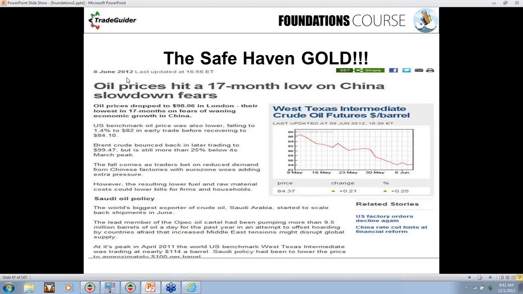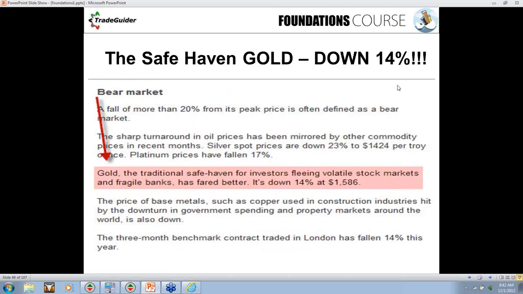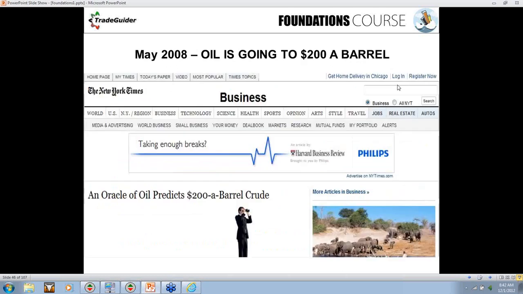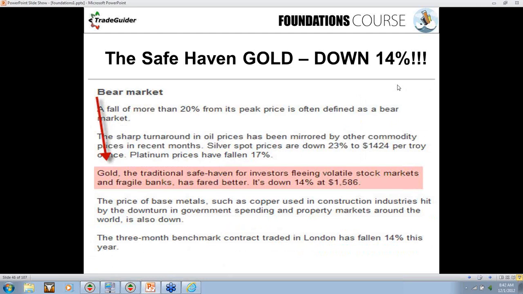Okay, but gold actually fell. Sorry, there we go. Gold fell 14%. Okay, now it says it's fared better. It hasn't fared better at all. A fall of more than 20% from its peak price, often defined as a bear market.